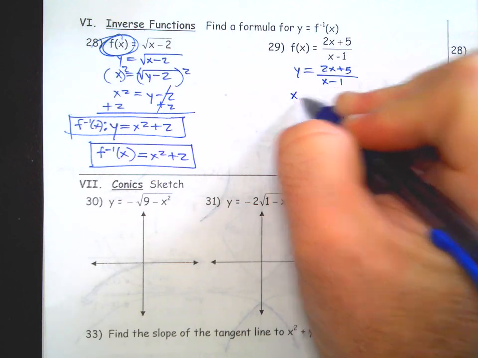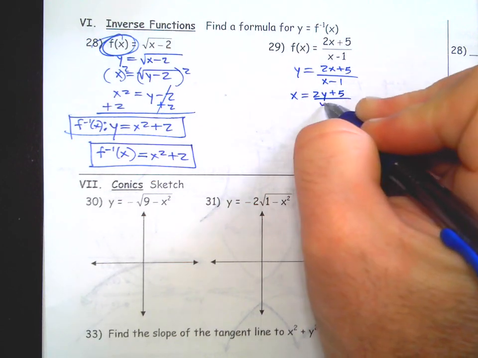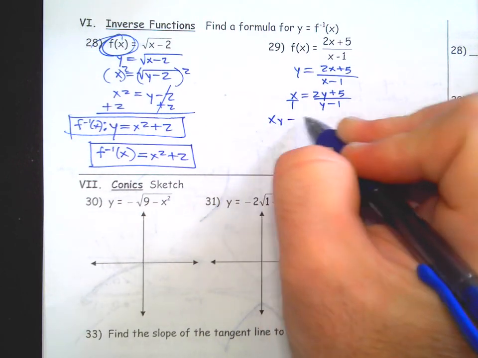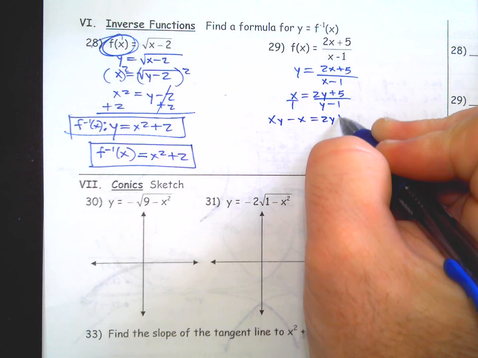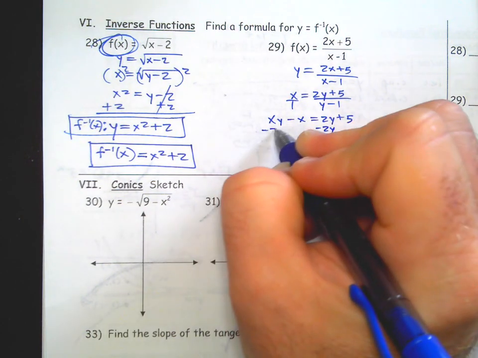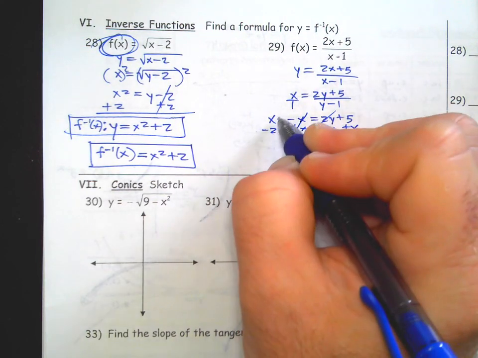Okay, y. Swap the x's and y's. And then you have to solve. I'm going to cross multiply: xy minus x equals 2y plus 5. I'm going to subtract the 2y over here and add the x over here, so I can get all my y terms together.